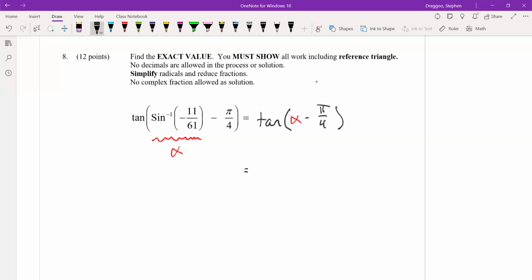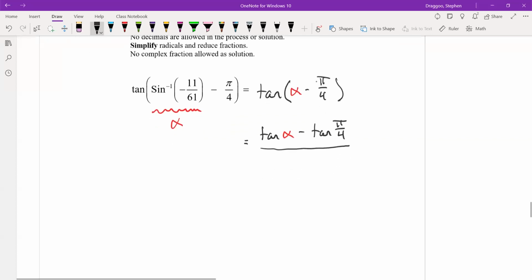If I grab that formula, it's tangent alpha minus tangent beta, which is tangent of pi over 4, all over 1 plus tangent alpha times tangent of pi over 4.